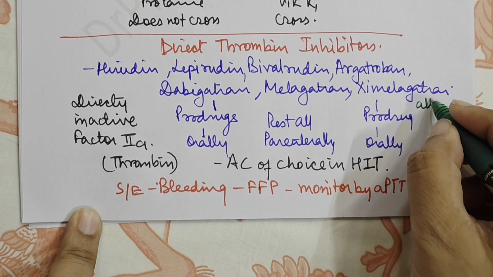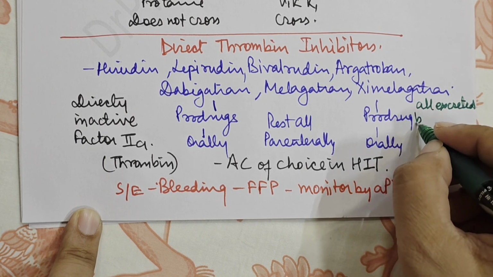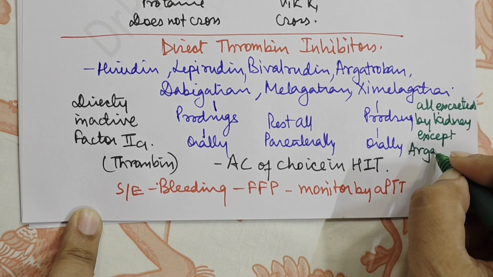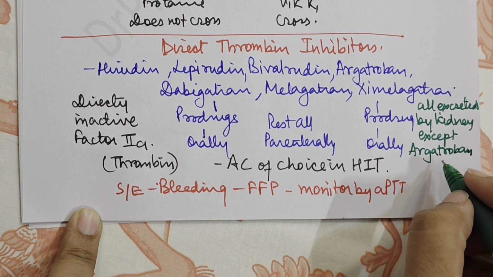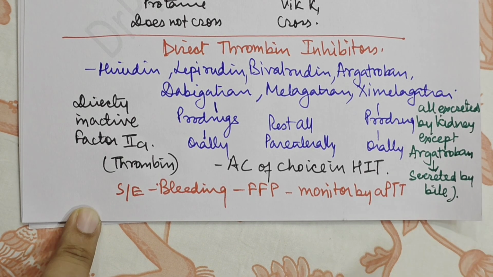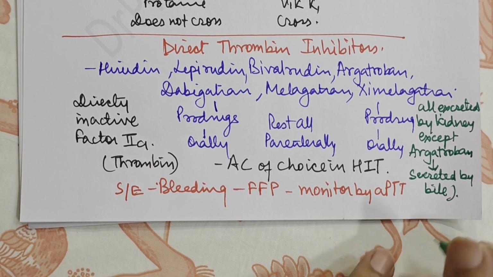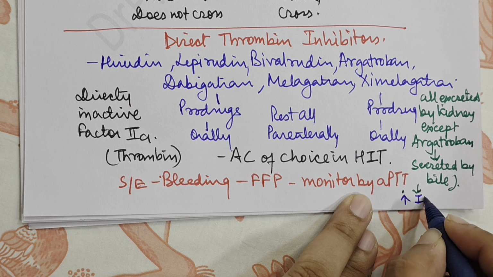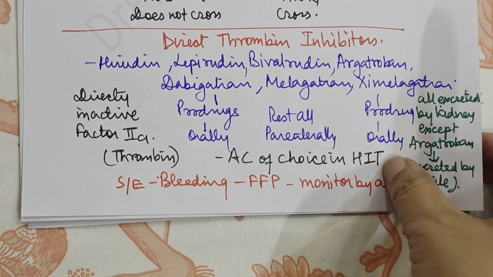Then all are excreted by the kidney except argatroban. Argatroban is excreted by bile. This is something important about argatroban, and it also increases the INR. Okay, then let's move ahead.